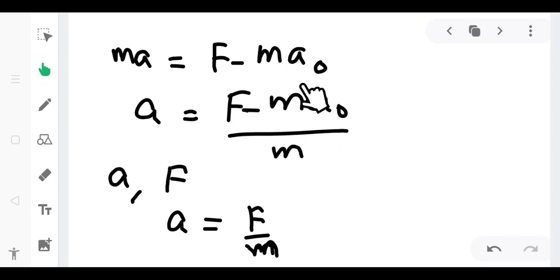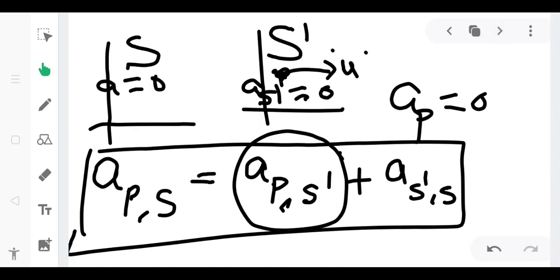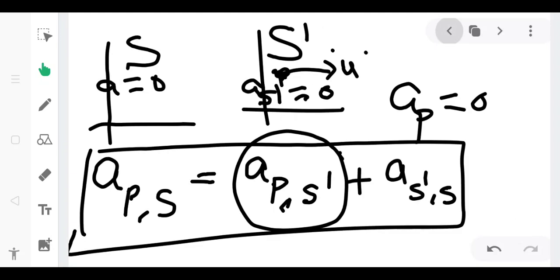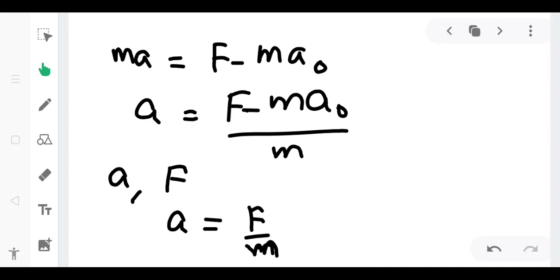Because along with the frame of reference s dash, the particle is moving. The frame of reference s dash is non-inertial. If this frame of reference were inertial, then we could write the equation a equal to F by m.